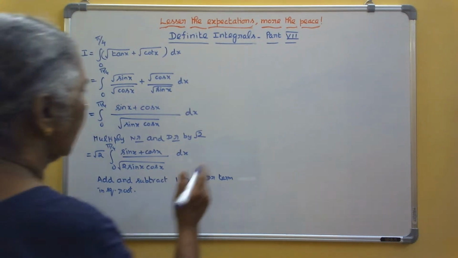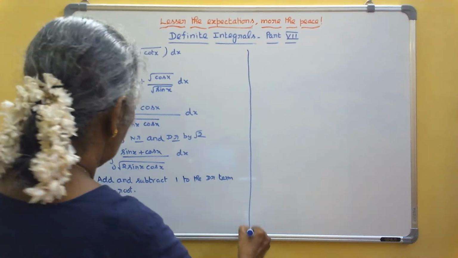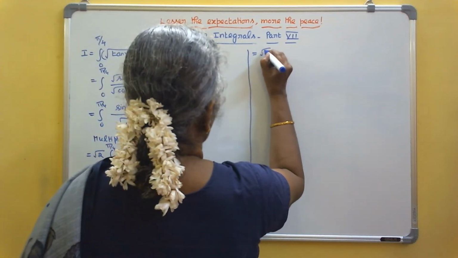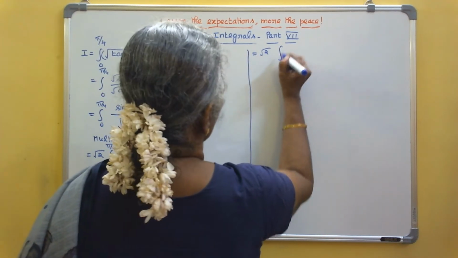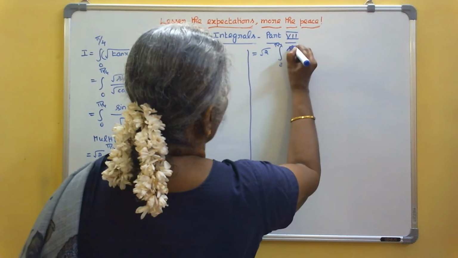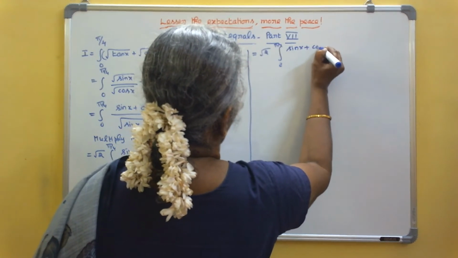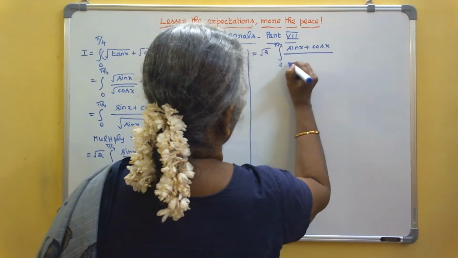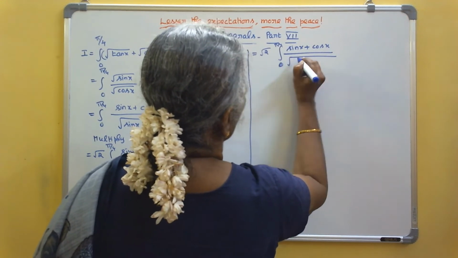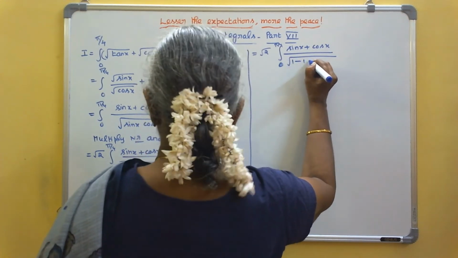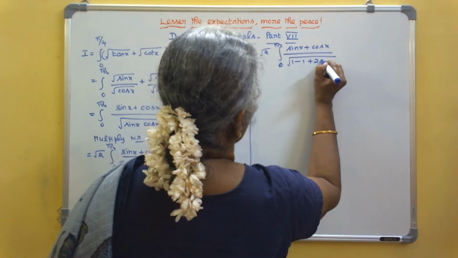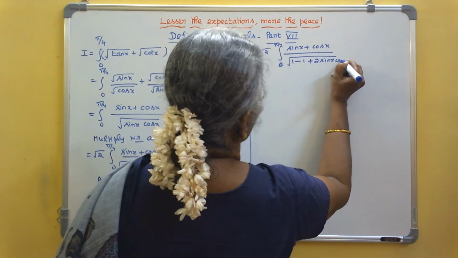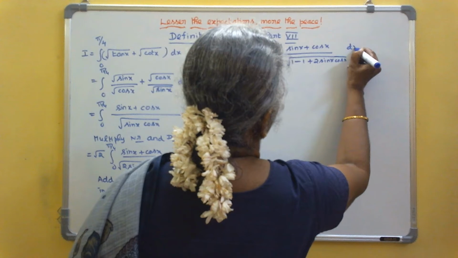So now you will get root 2 integral 0 to pi by 4, sin x plus cos x by root of 1 minus 1 plus 2 sin x cos x dx.